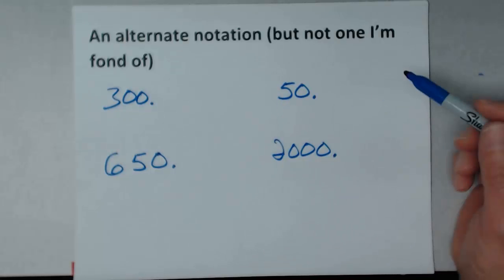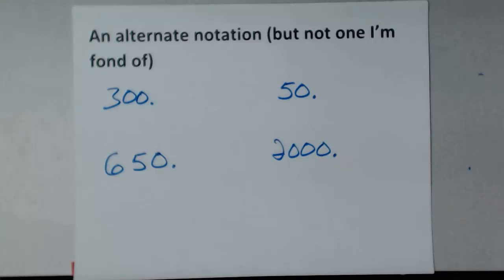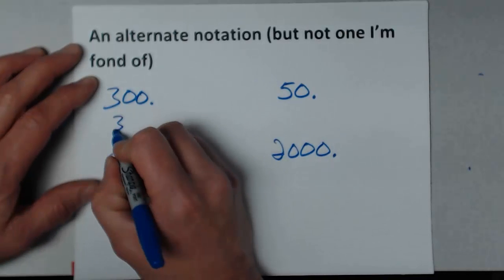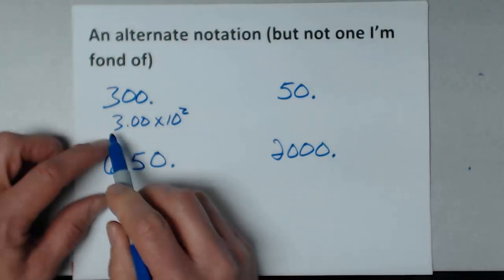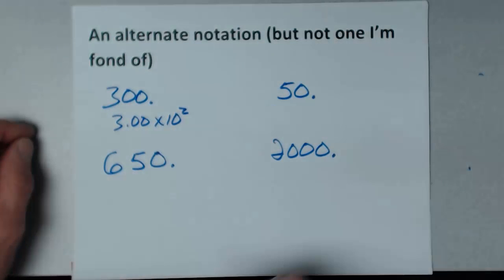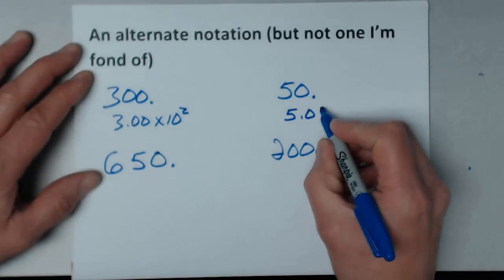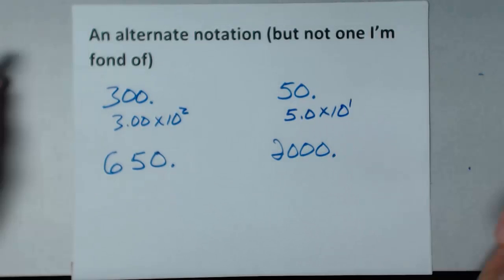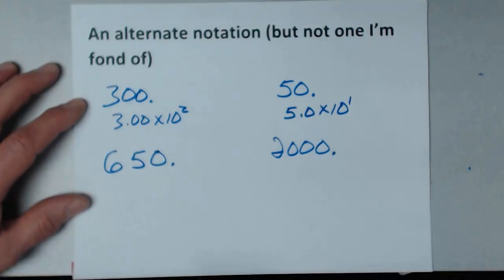In all of these cases, I'd prefer to see the numbers written in scientific notation that makes it clear that all of the digits are significant. So write 3.00 times 10 squared, and you know those are significant figures. It may seem like overkill, but you'd write 5.0 times 10 to the first, but that makes it clear that those two digits are significant.